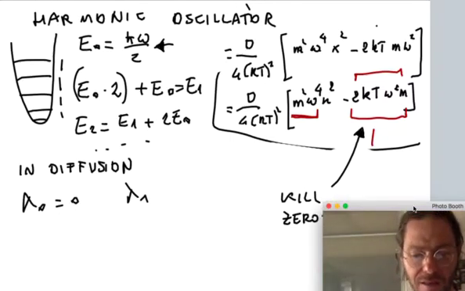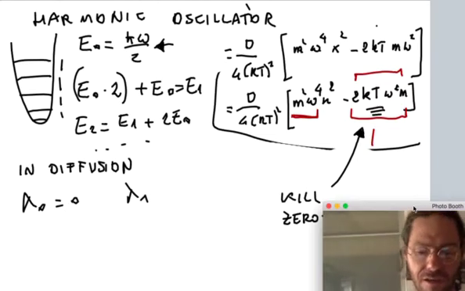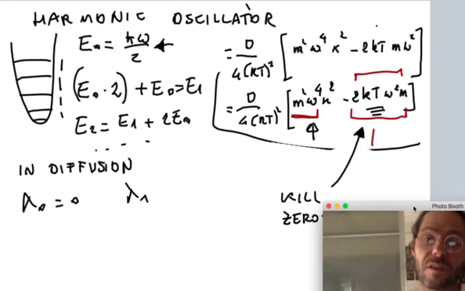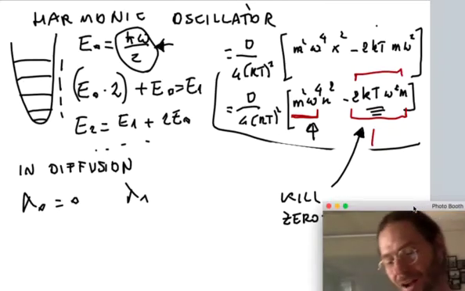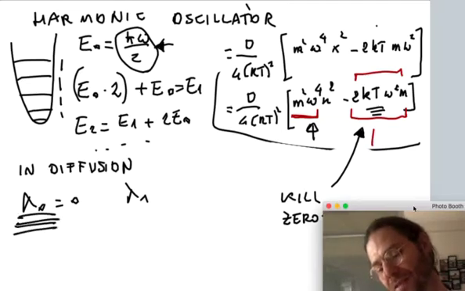Without this constant term, the ground state energy of this harmonic oscillator term would not be 0, it would be the diffusion equivalent of this term. On the other hand, since I know the Boltzmann distribution is the ground state distribution with 0 eigenvalue, I know that the real 0 eigenvalue is 0.